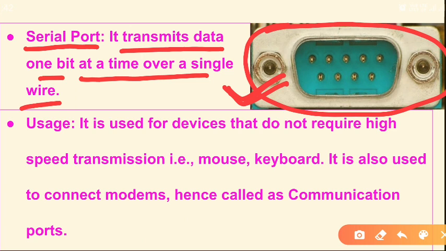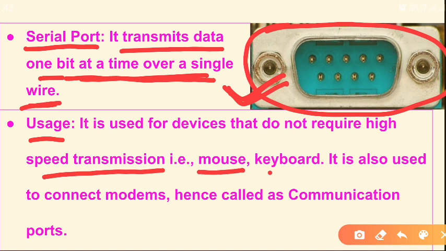The serial port transmits 1 bit of data at a time over a single wire. It is used for devices that do not require high speed transmission, like mouse and keyboard. It is also used to connect modems, and hence it is also called the communication port.